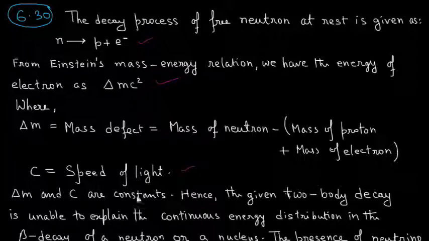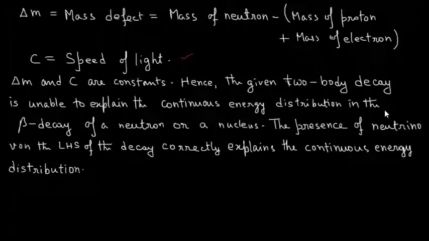Delta m and c are constant, hence the given two body decay is unable to explain the continuous energy distribution in the beta decay of a neutron or a nucleus.